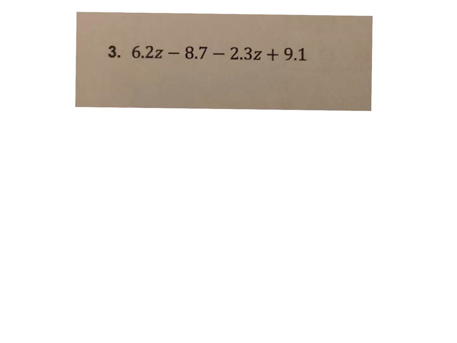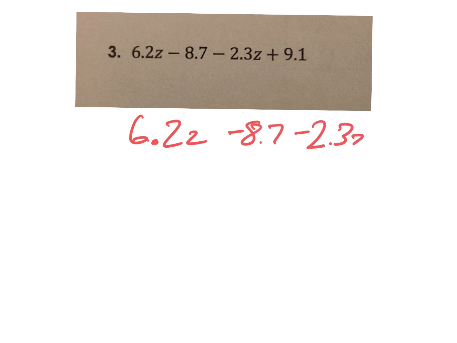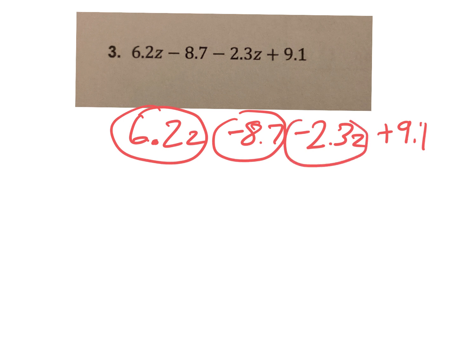Now, let's do this one. 6.2z minus 8.7 minus 2.3z plus 9.1. I have a term here, I have a term here, term. Now, does this 6.2z have any like terms? It does. That one.